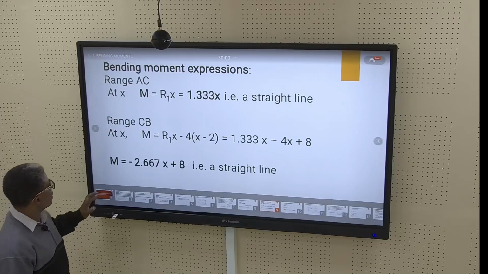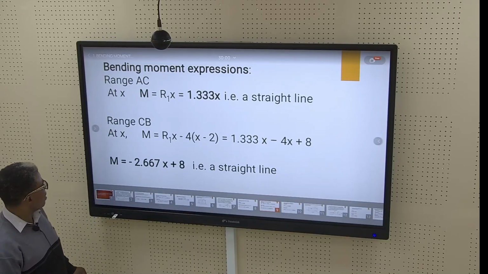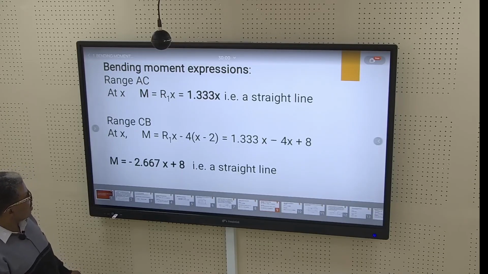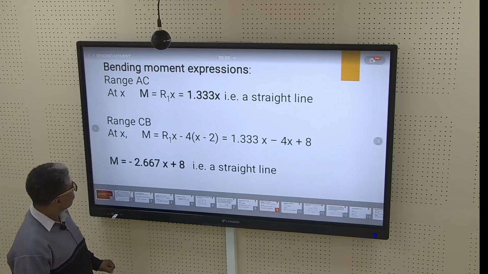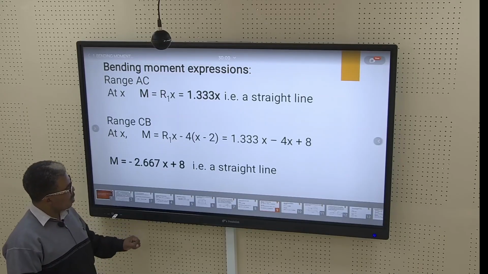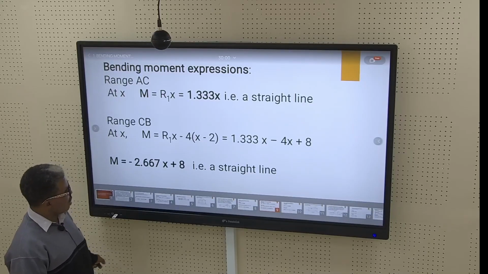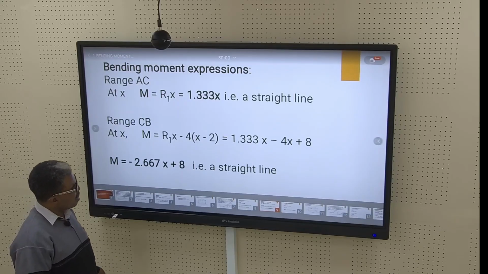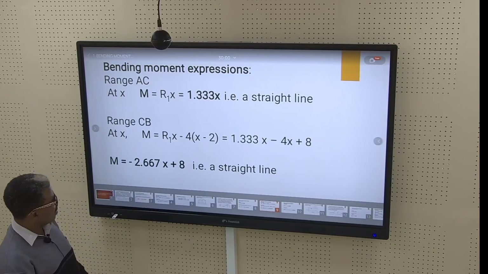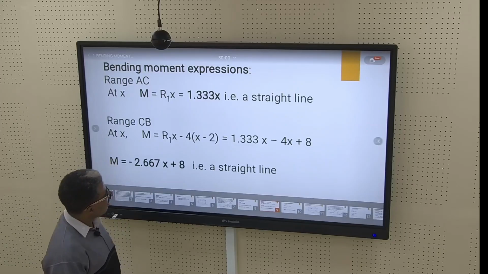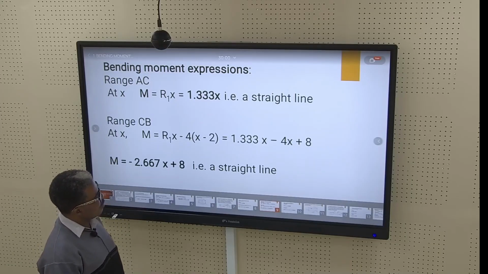When you go for the range of CB, and from X, it is reaction 1 or reaction at A times X. We have to subtract 4 bracket X, the total distance, minus 2, the distance to the left, from C, then bracket, it becomes 1.33x minus 4x plus 8.